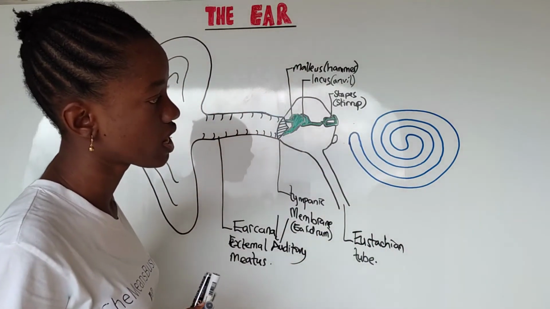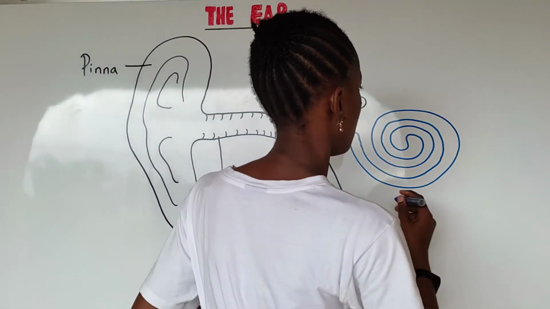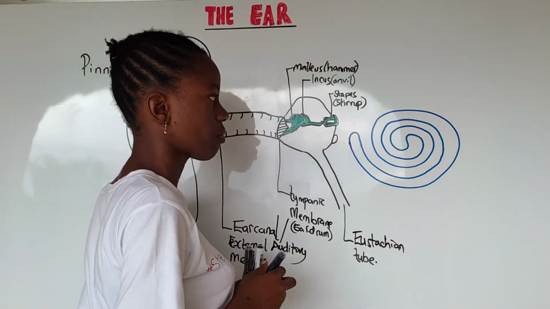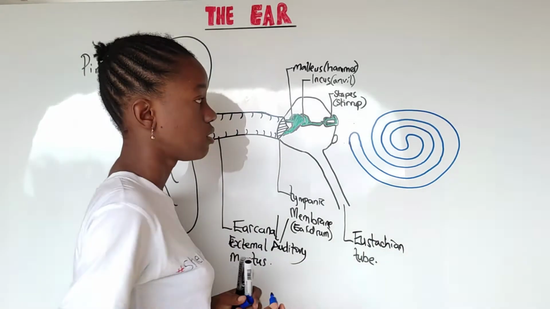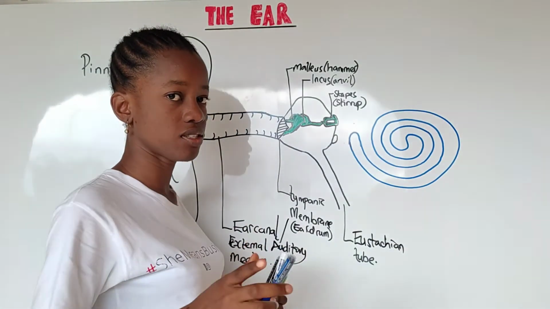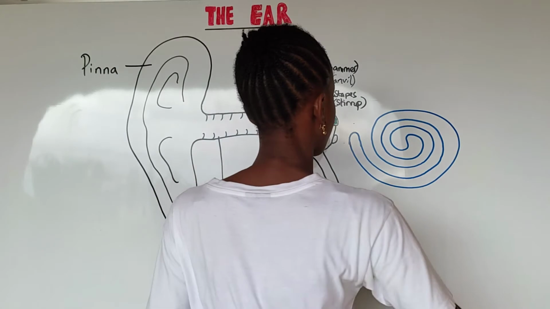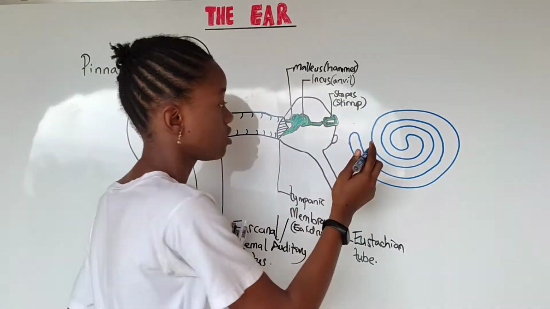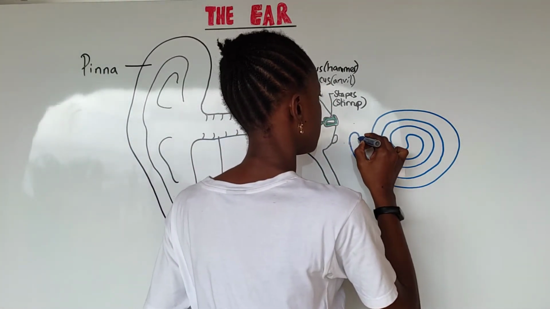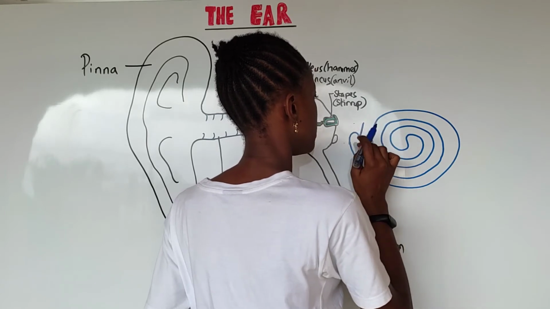Okay, so this is the cochlea that I've just drawn. Now we are going to move over to the vestibular system. The vestibular system connects to the cochlea. I want us to know that.